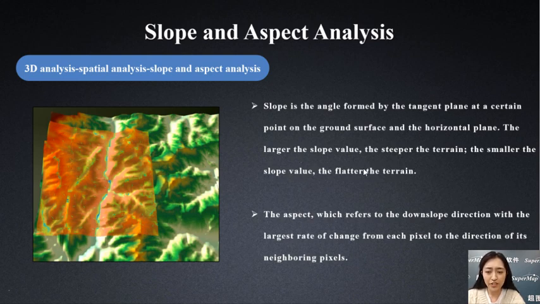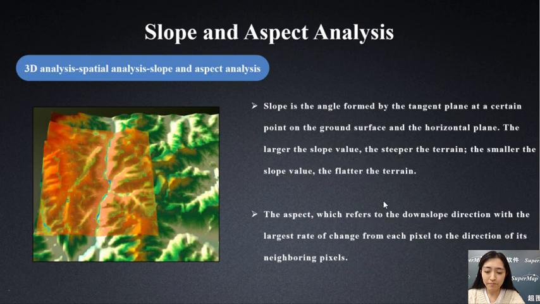The larger the slope value, the steeper the terrain, and the smaller the slope value, the flatter the terrain. The direction of the slope change is called the aspect, which refers to the downslope direction with the largest rate of change from each pixel to its neighborhood pixels, and represents the measurement of the slope direction change at a certain position on the ground surface.